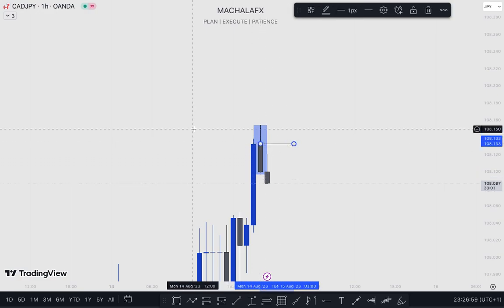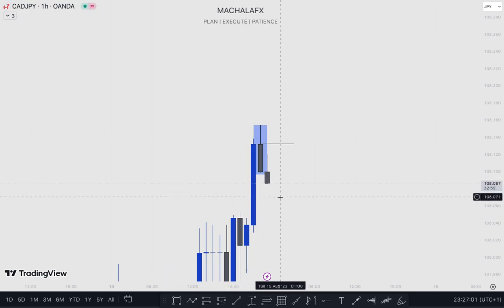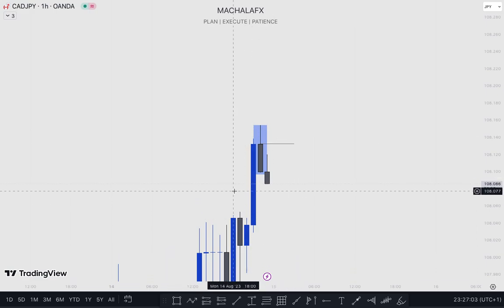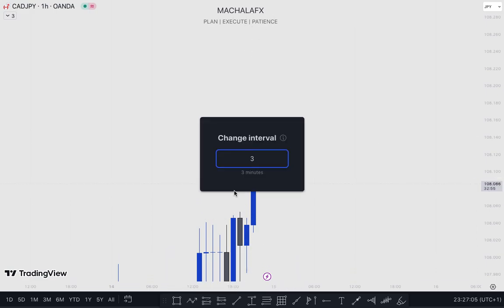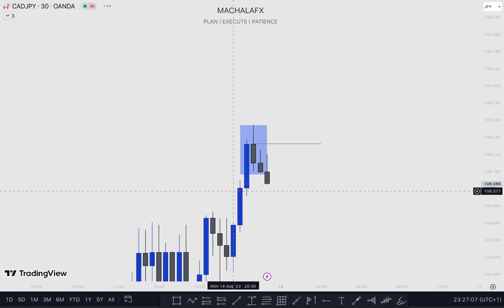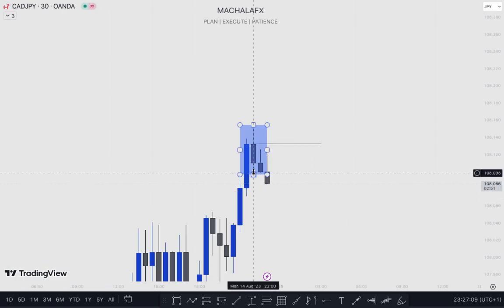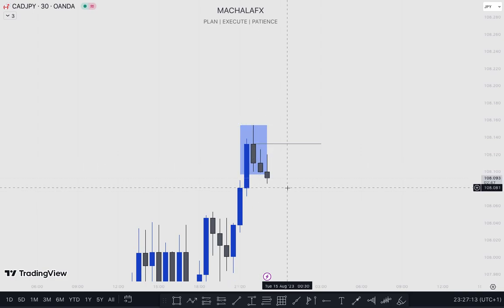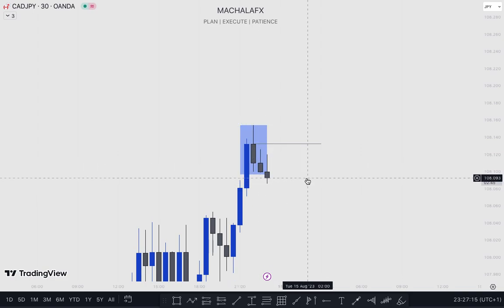Now let me show you something. I hope you see how this very candlestick is forming. You see? Okay, let me go to 30 minutes. You see it now? Inside that 1 hour candlestick, it was 2 candlesticks.